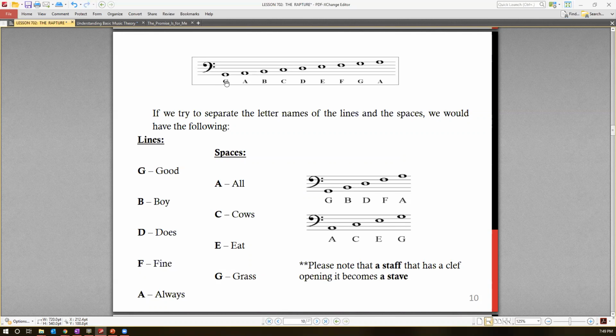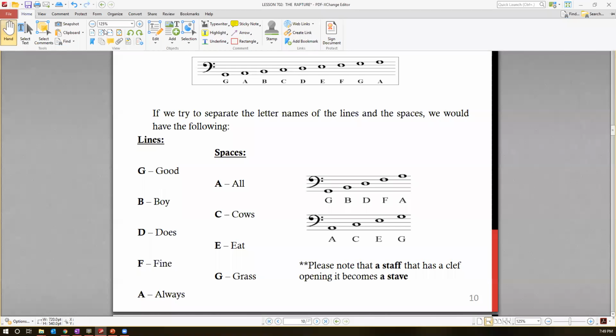So the first line is G, second line B, third line D, fourth line F, and the fifth line is A. G, B, D, F, A. And the mnemonic we always use is good boy does fine always.